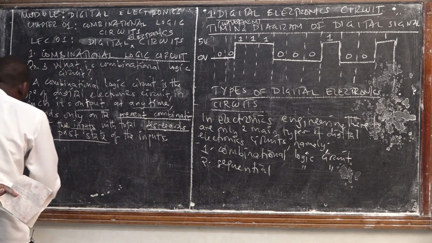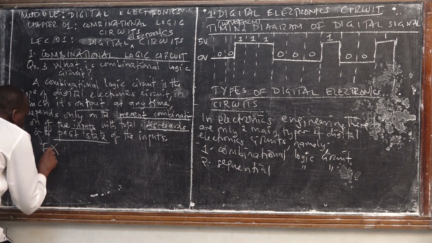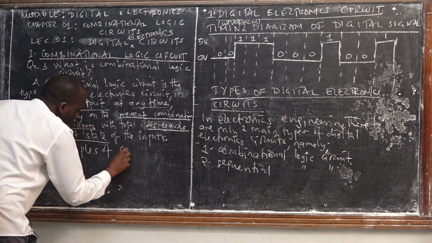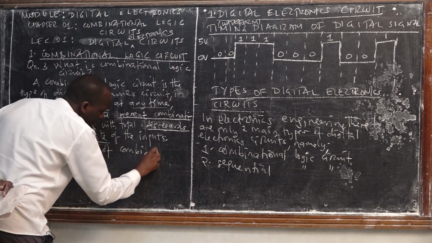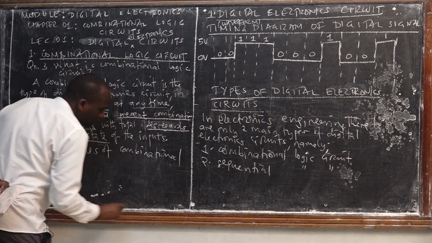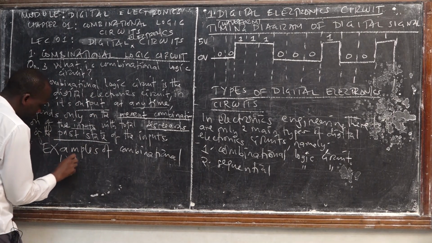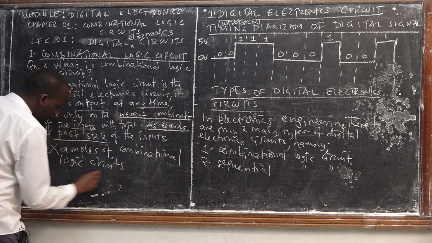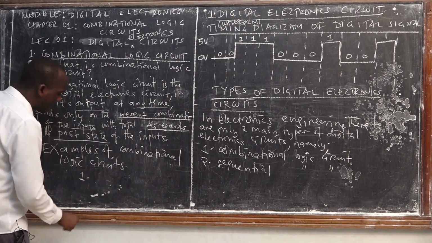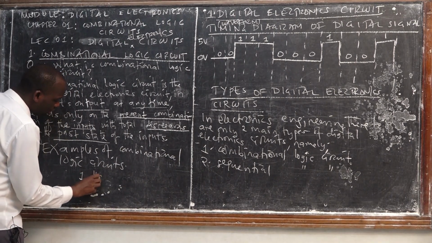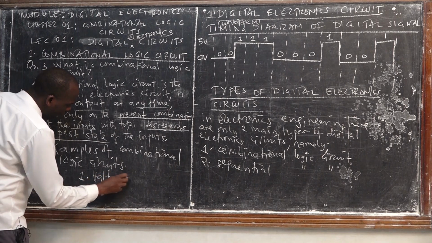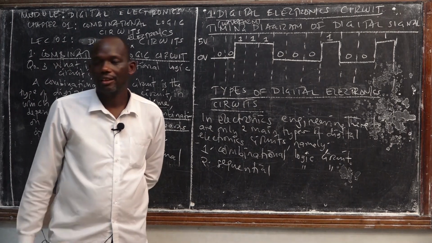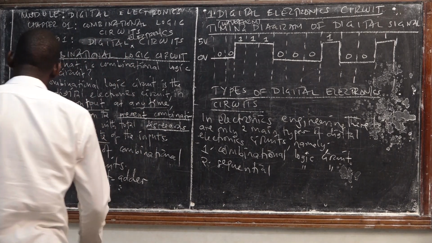So let me give you some examples of combinational logic circuits. The first one, the simplest one, we call the half adder.